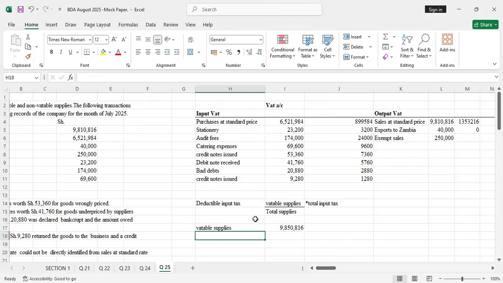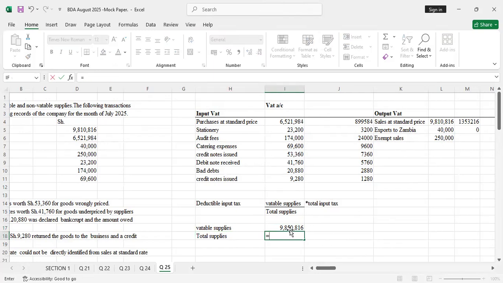Then we now look at the total supplies. What is the total supplies according to this question? So total supplies will include sales at standard price, exports to Zambia, which is zero rated, plus the exempt sales, because they were all sales. So total supplies, we sum all this. Take that plus this plus 250, because that's the total supplies. You get that value.